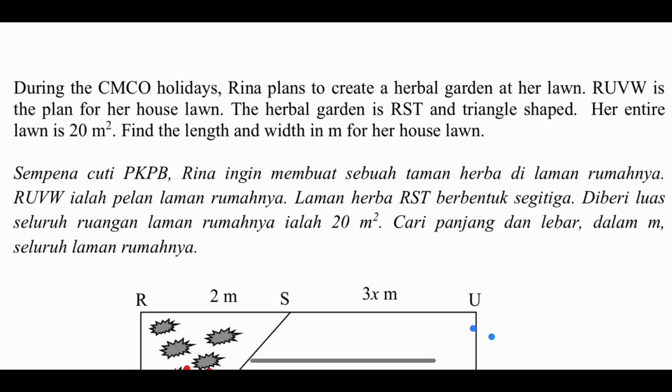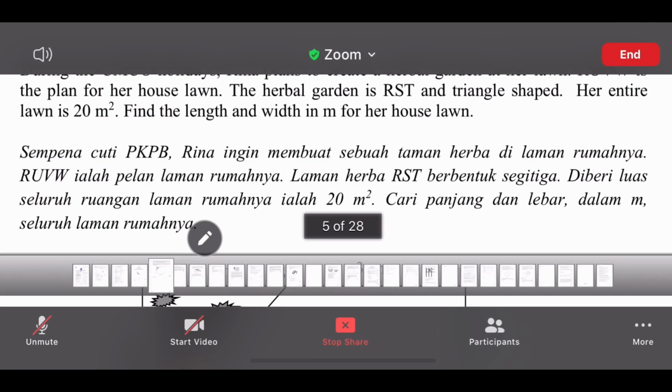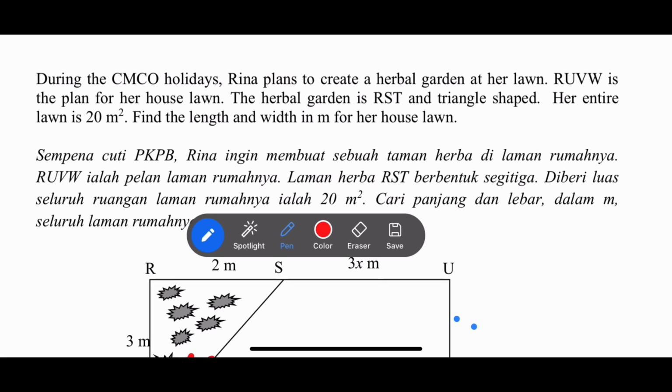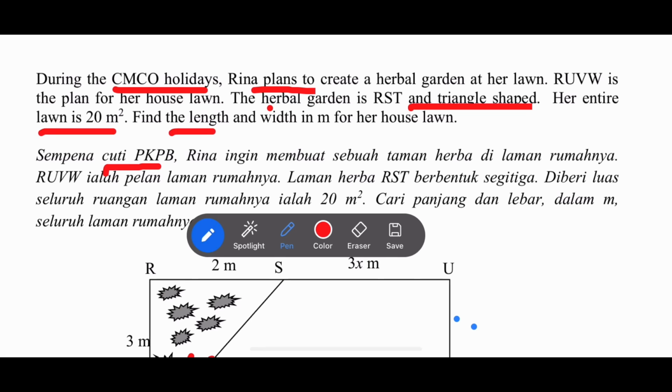Next, during the CMCO holidays, Rina plans to create a herbal garden on her lawn. RUVW is a plan of her house lawn. The herbal garden is RST, a triangle shape. Her entire lawn is 20 meters squared.